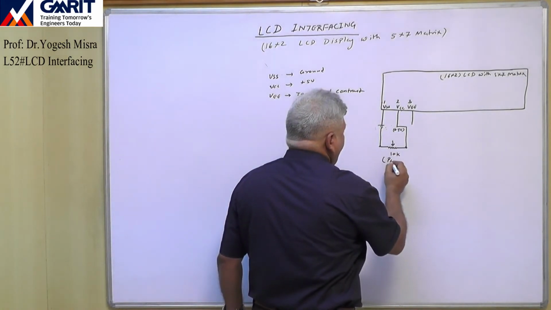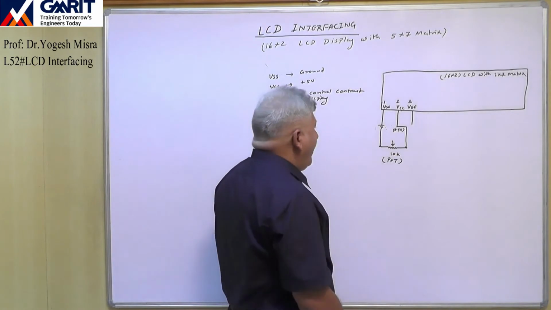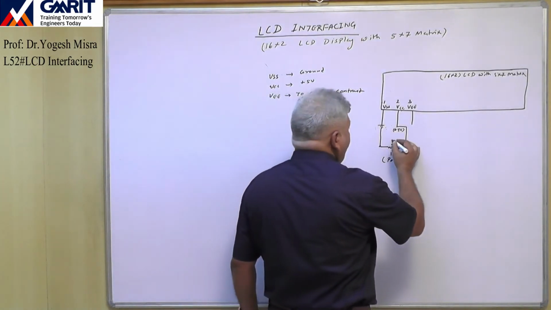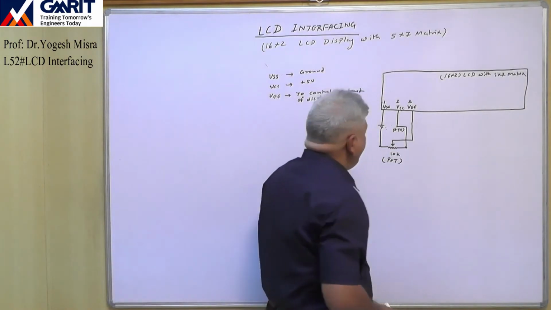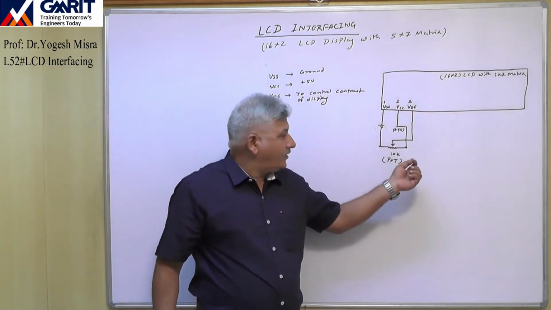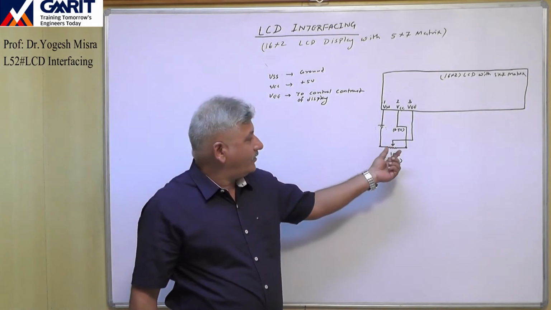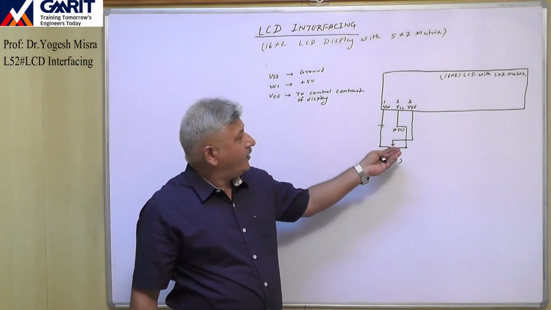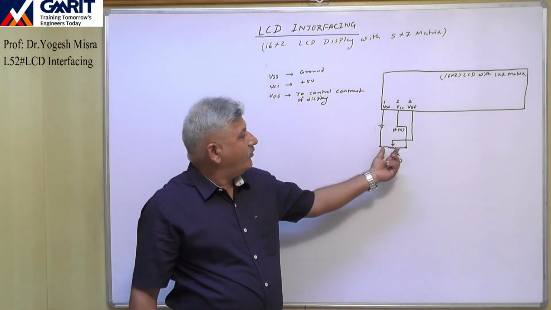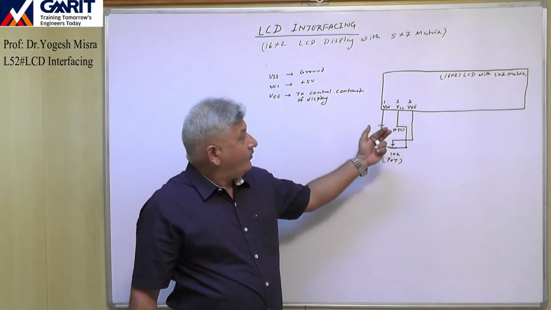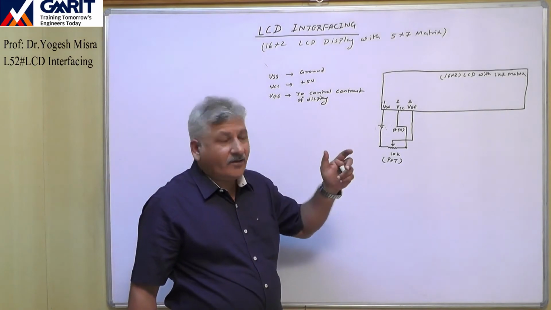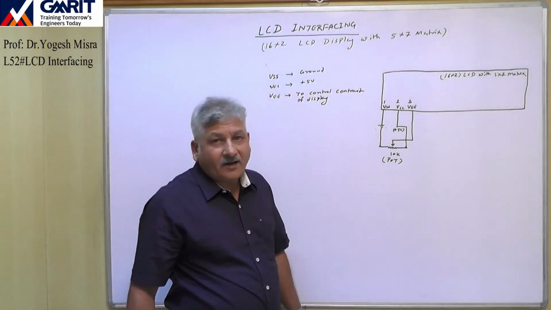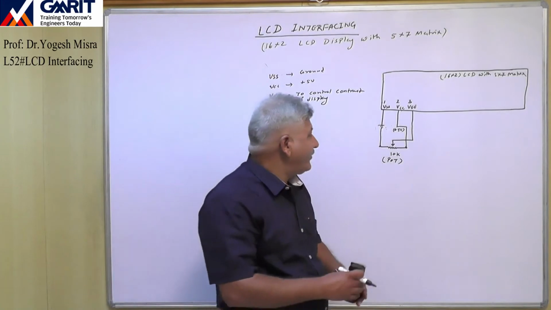This is the pot. And the middle terminal is connected to VEE. So if we rotate the knob of this potentiometer, then we basically control the voltage which we apply to the display. So in this way we will control the contrast of this LCD.